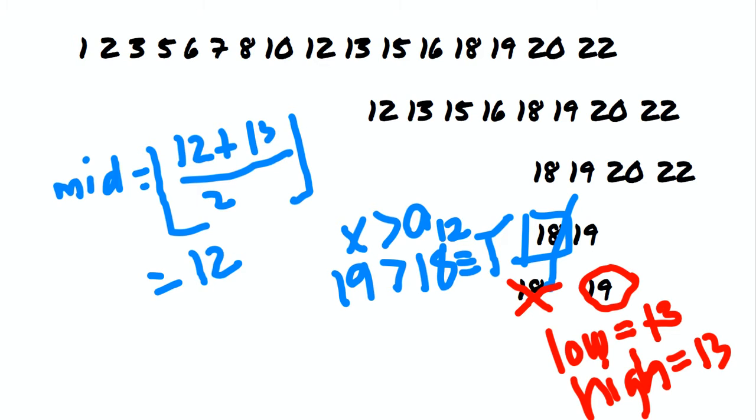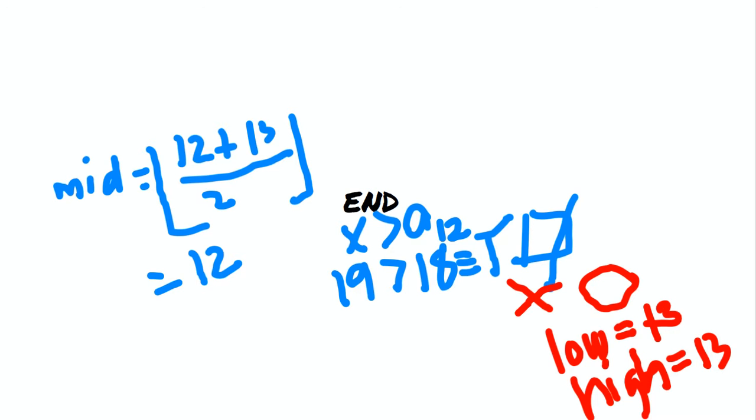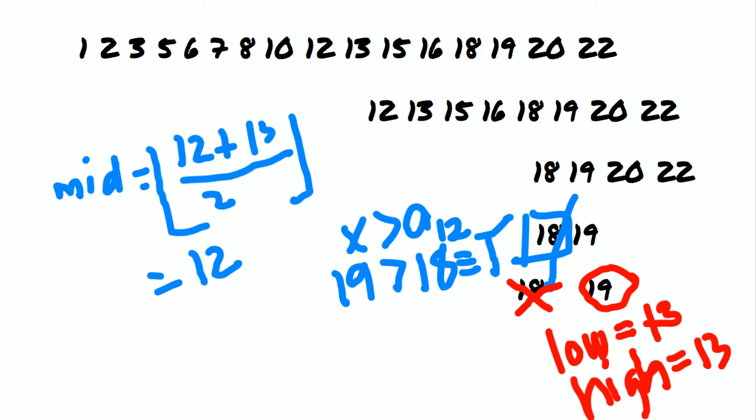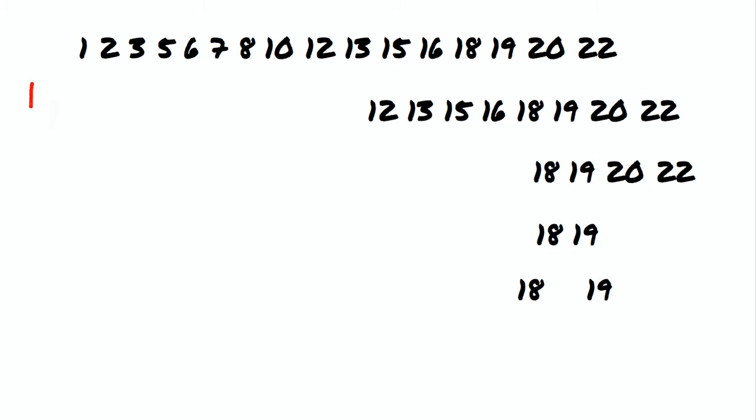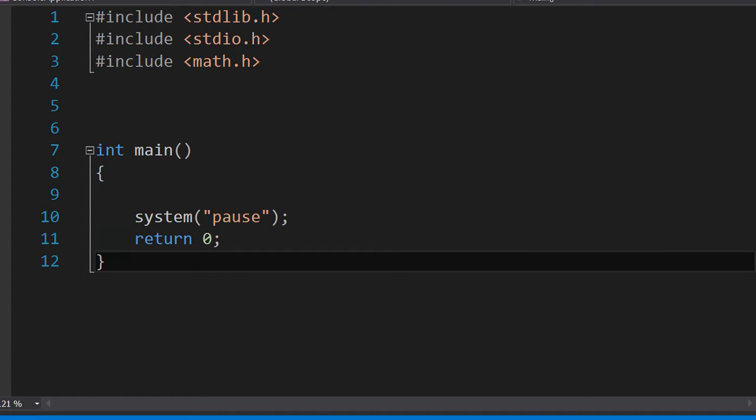So let's come up with a pseudocode for this. Initially we have, say, binary search. Let's just come up with an implementation for this along with the pseudocode.